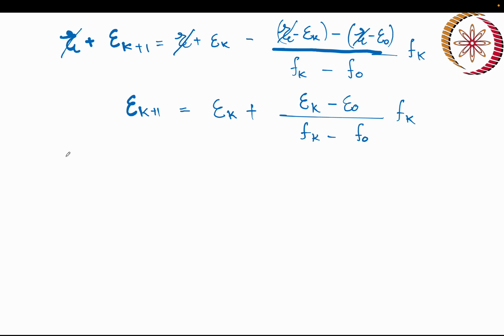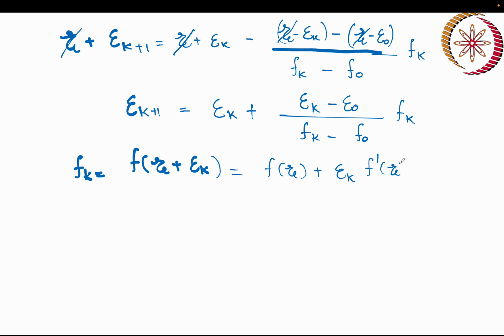Okay, so if we see fk, which is nothing but f of xi plus epsilon k, it will be f of xi plus epsilon k f dash at xi and so on, or we can write some more term, epsilon k square by 2 f double dash of xi plus dash dash.